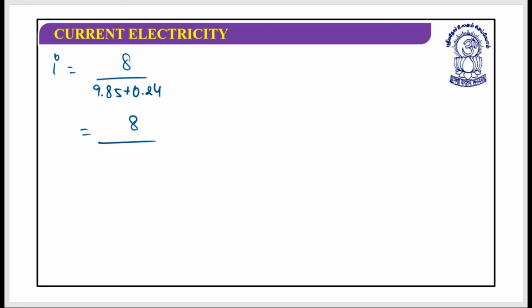This is equal to 8 divided by approximately, this is 85, this is 25. So this is 85 plus 15, it's 10 complete, and 10 more, approximately 10.10. Yes, so you can solve this and get the approximate answer. It's 13 ampere. I hope these things are clear.